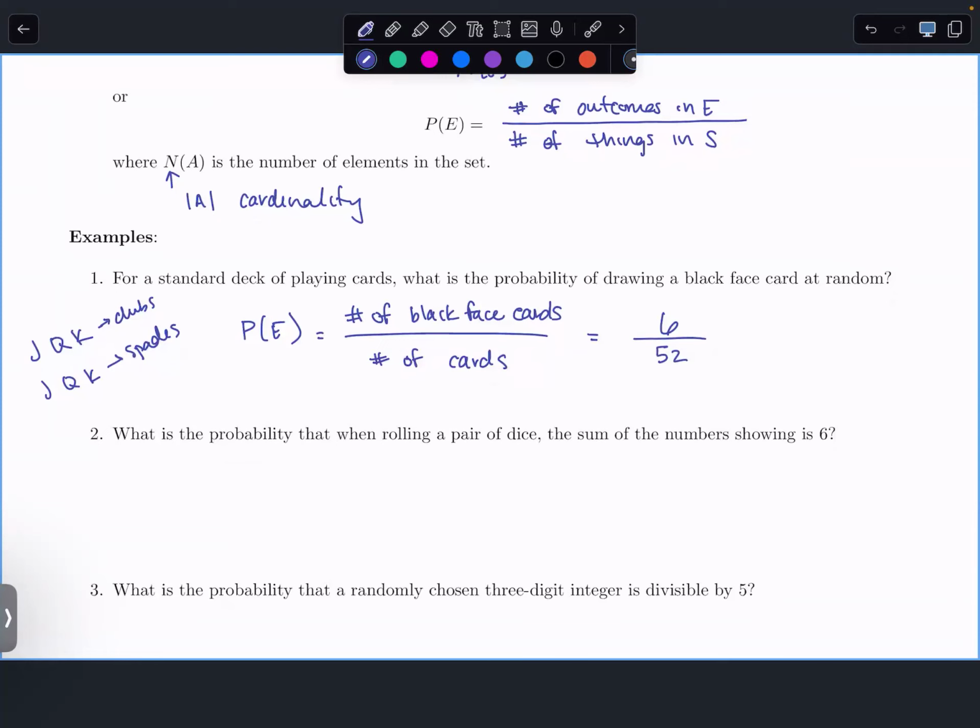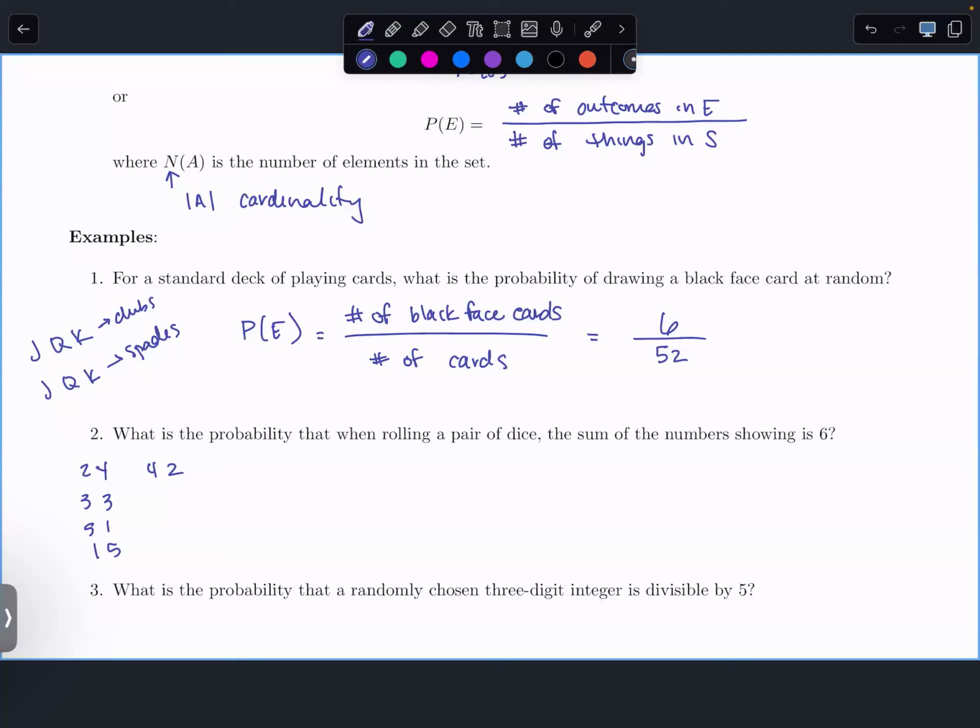What are the ways that we could get a 6 with 2 dice? 2 and 4, 3 and 3, 1 and 5, 5 and 1, 4 and 2. 3 and 3 doesn't matter because they're both 3, so the order of that one doesn't matter.